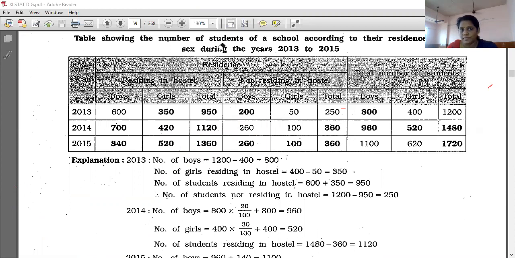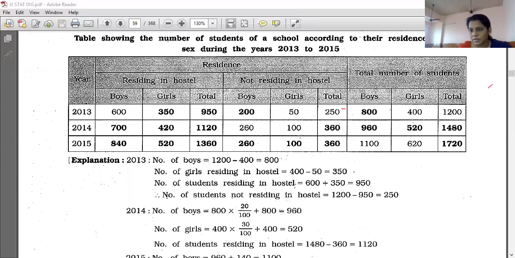Now see, the question is that in the year 2013 there were 1200 students studying in a school.